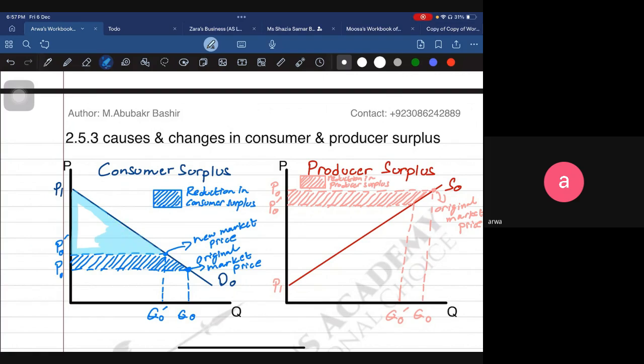This is the area which is showing the consumer surplus, and I'm going to mark it as this.